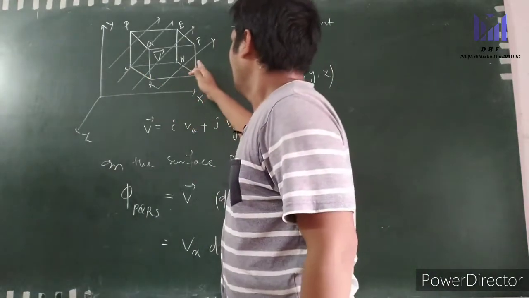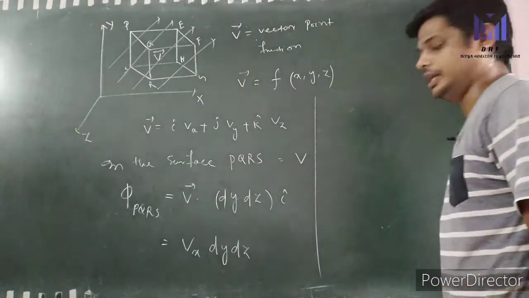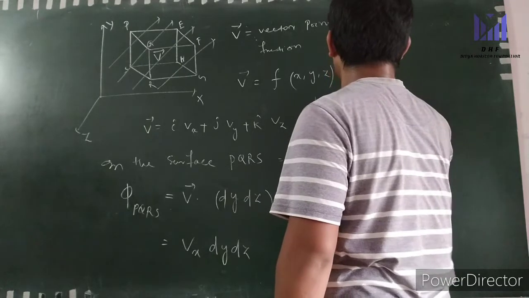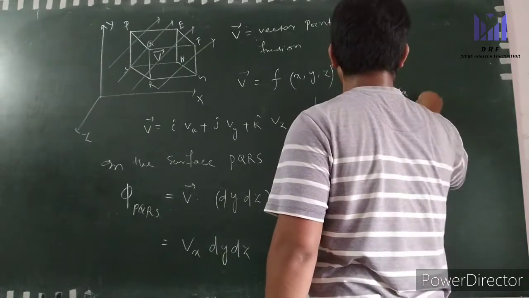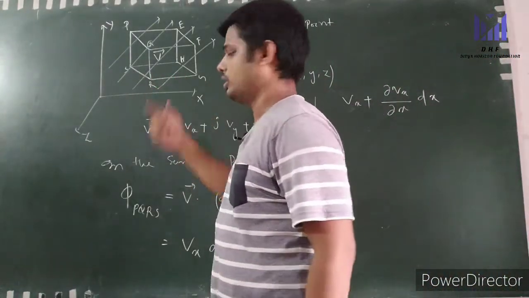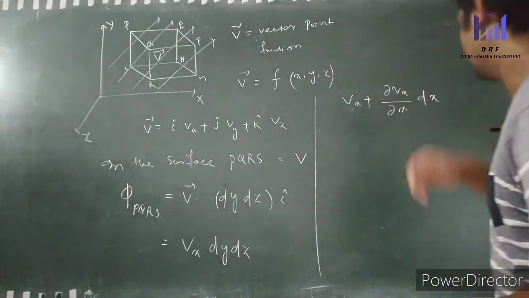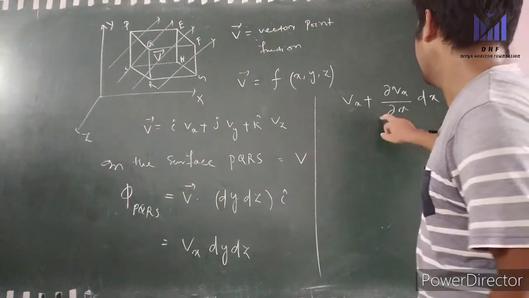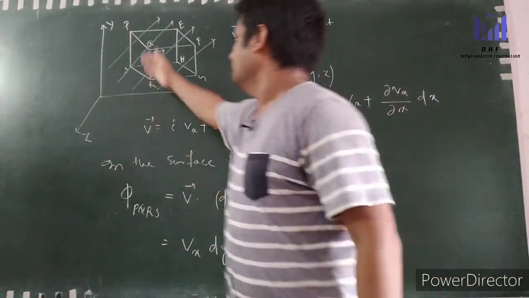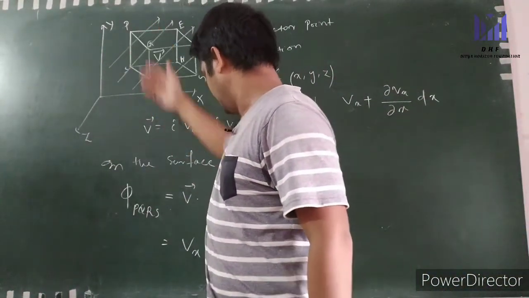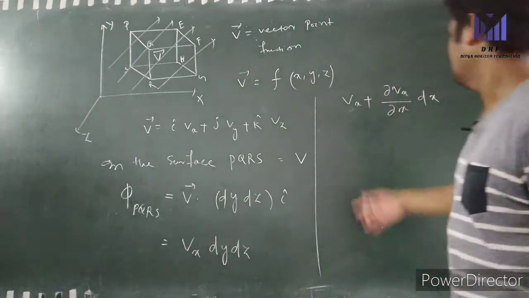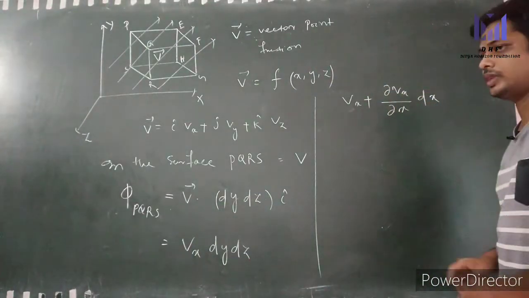So when we reach the surface EFGH, Vx changes to Vx plus del Vx by del x into dx, because we go through a very small distance dx in the x direction. Initially at this surface the value was simply Vx.